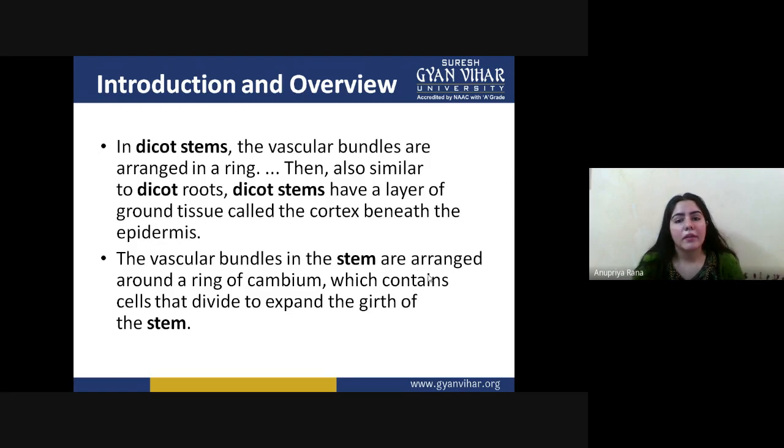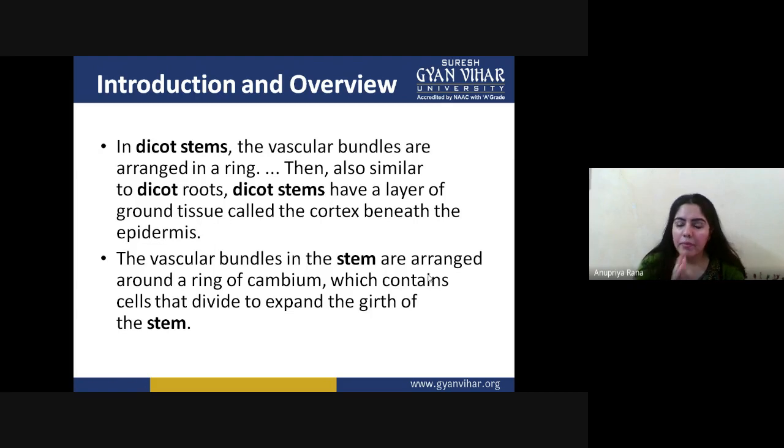Whatever secondary growth happens inside the body of the plant is basically responsible for increasing the girth of the plant. Primary growth increases the length of the plant, and secondary growth increases the girth of the plant. So don't get confused between primary growth and secondary growth.